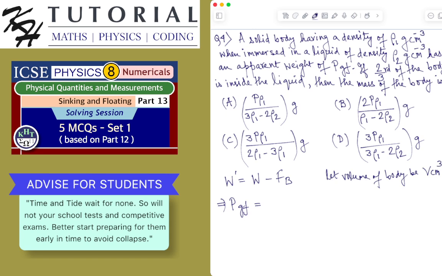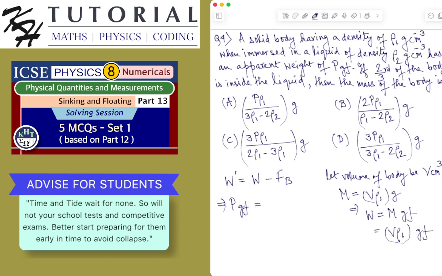So we will have the mass of the body will be V rho 1 gram. So this implies the weight of the body should be mg, where g is the acceleration due to gravity, or we can say the weight will be m gram force, which is equal to V rho 1 gram force.